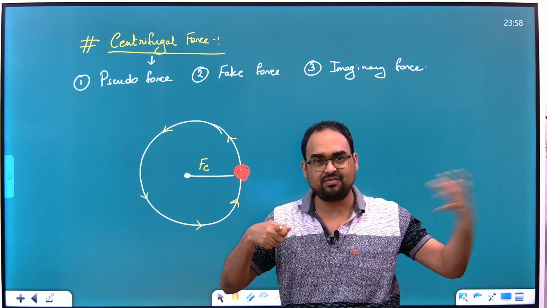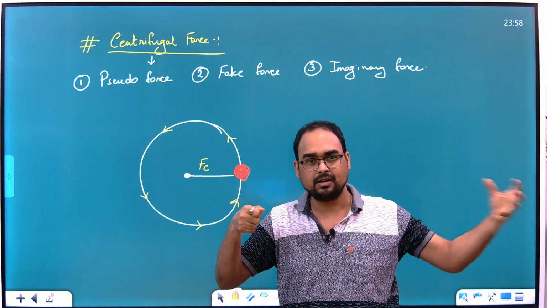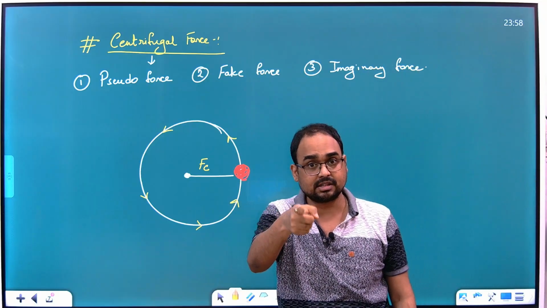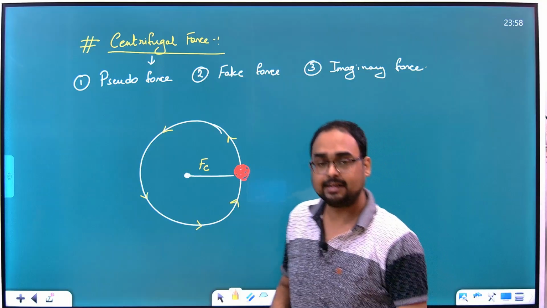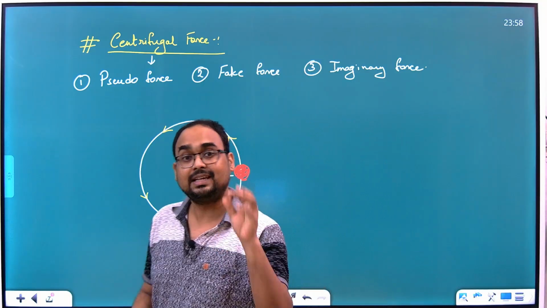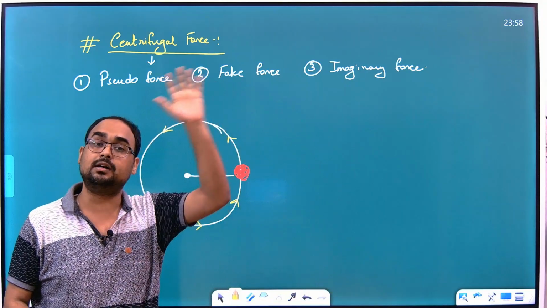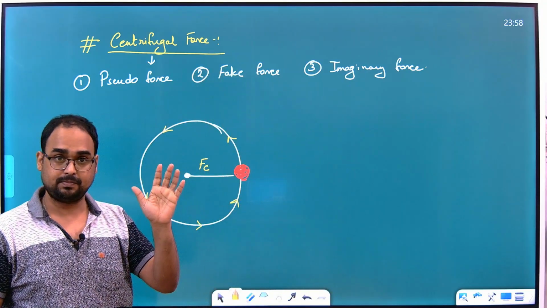For that, I will feel the tension force in my hand. Something very heavy is moving around, and I will feel that force in my hand. That is the centripetal force. And the object keeps on rotating in a uniform circular manner with the same speed.